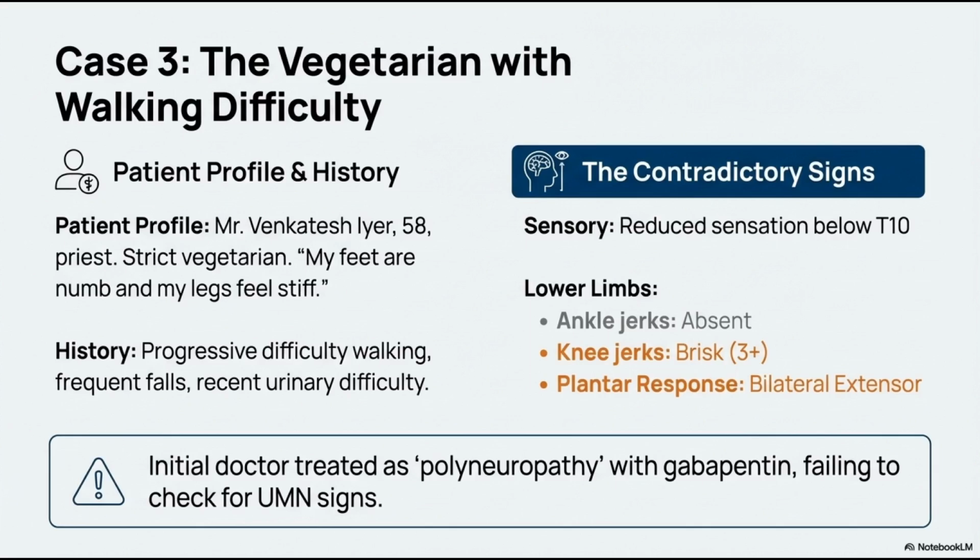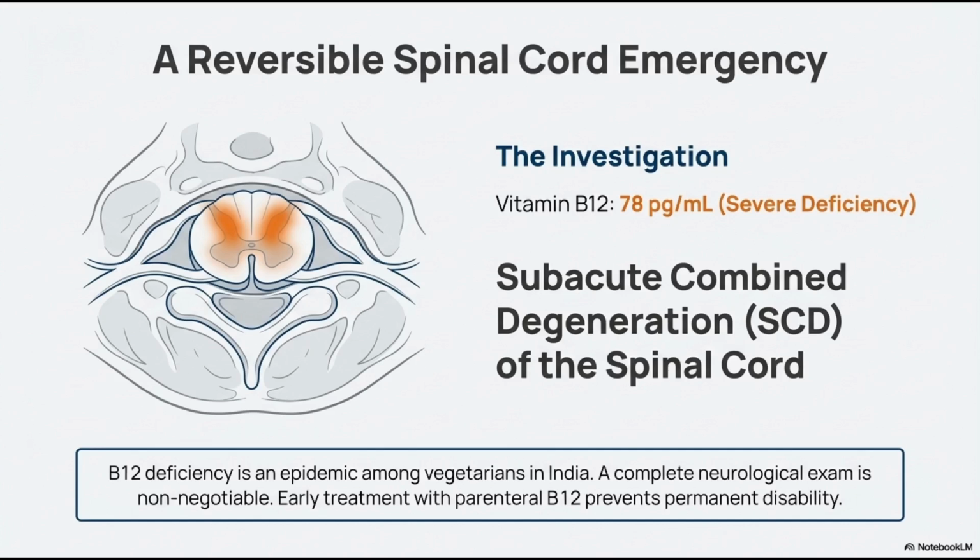Now, what is the investigation we do for this person? We do a B12 test. On investigation, B12 showed 78. That is severe deficiency, and the patient is having subacute combined degeneration of the spinal cord. That is the diagnosis.